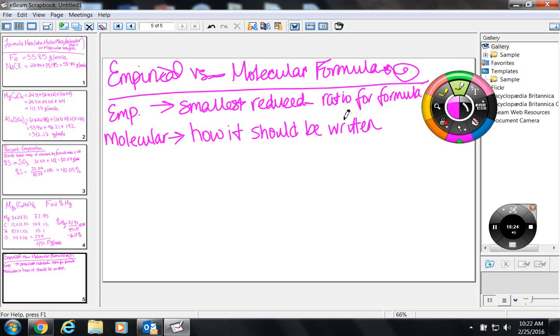The empirical formula is the smallest reduced ratio for the formula. The molecular formula is how it should be written. Right?